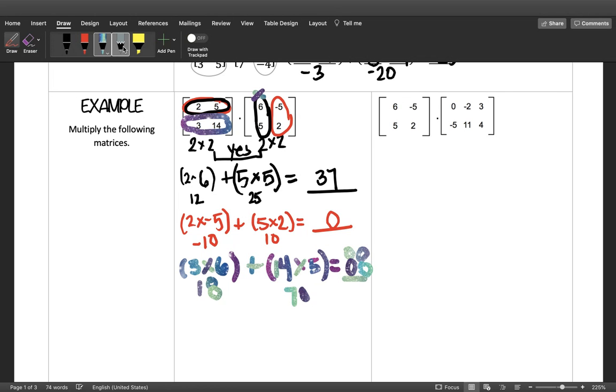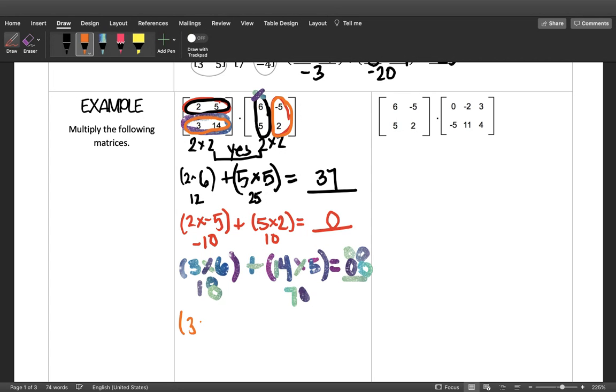Okay, now I'm going to change colors. Okay, 3 and 14 and -5 and 2.